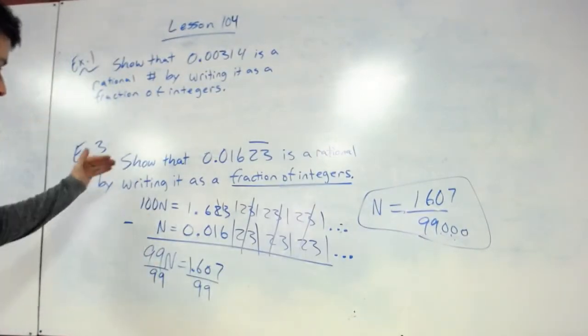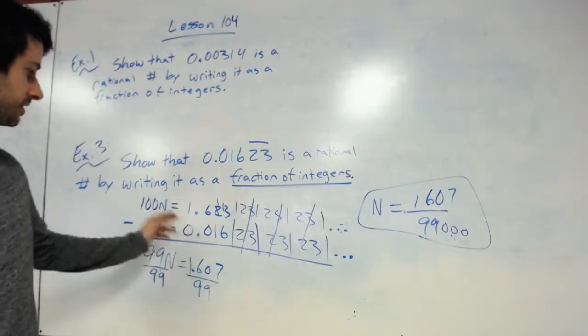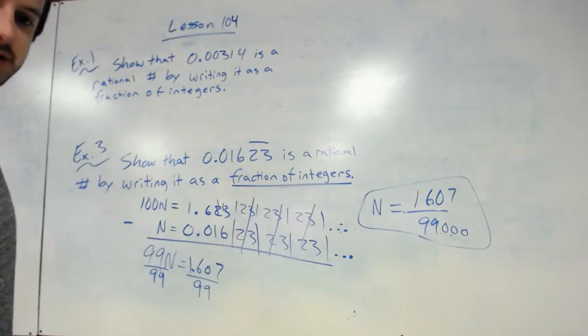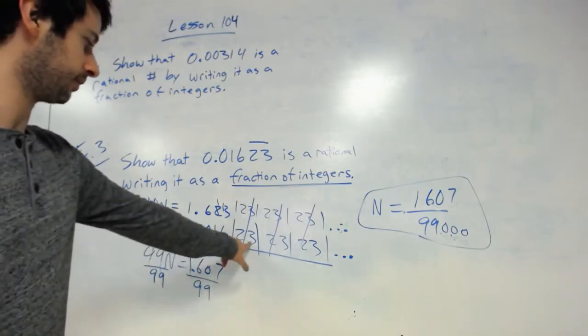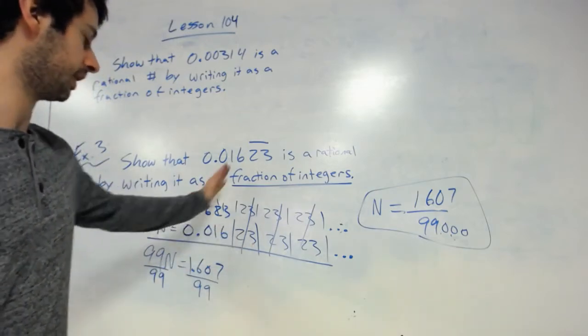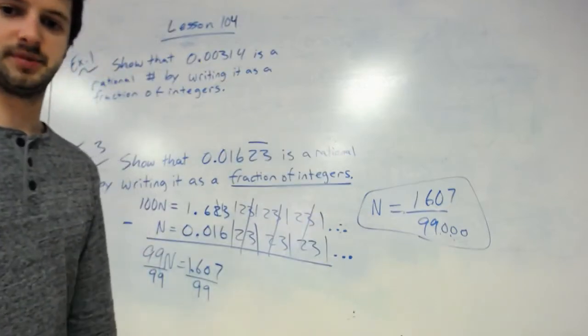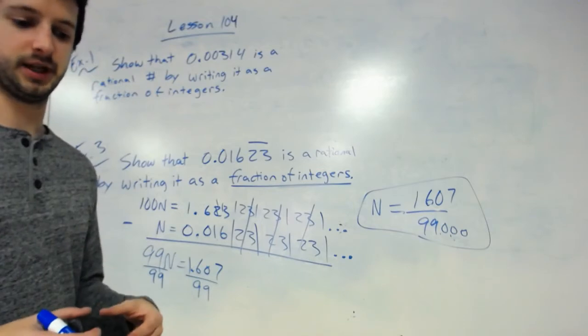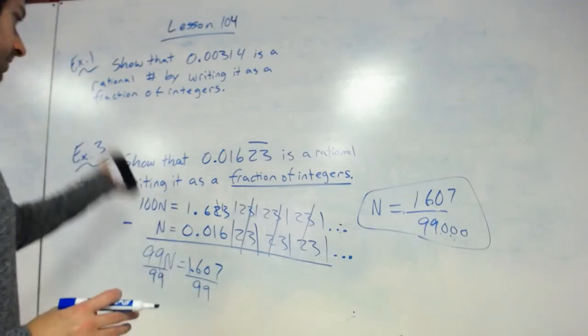So step 1, write it in expanded form. Step 2, multiply by the power of 10, 100, 1,000, matching how many repeating numbers you had, rewrite it on top, stack it, and then you're basically solving. It's kind of a weird form, but that is ultimately how you write the repeating digits as a fraction of integers.